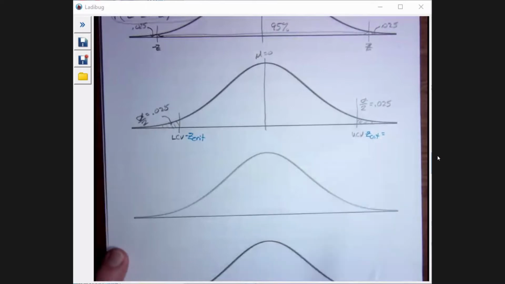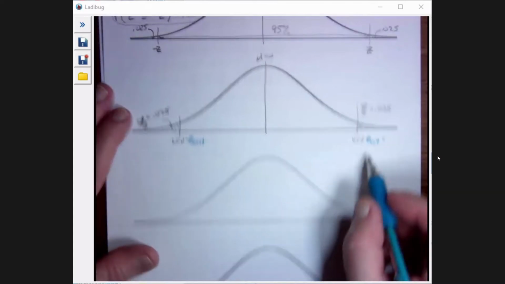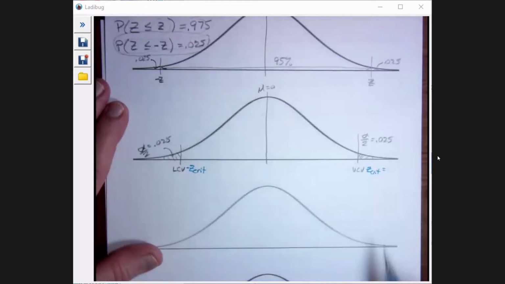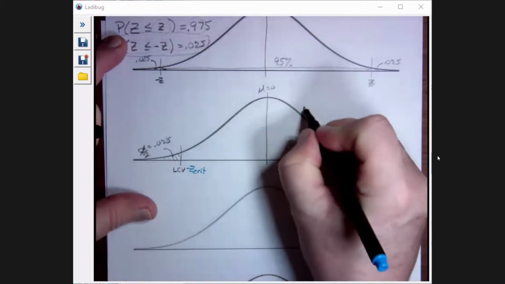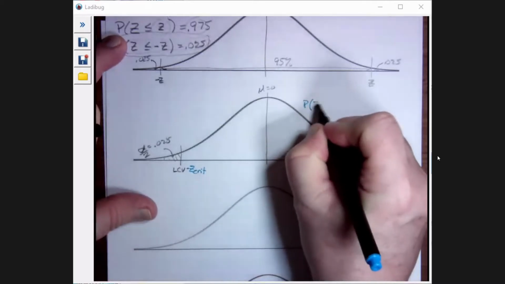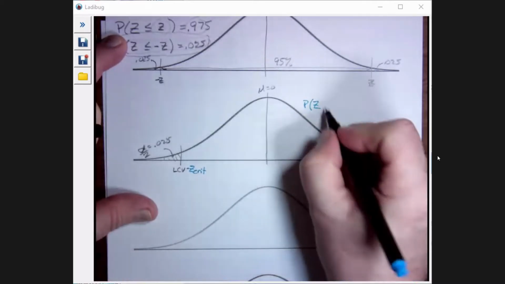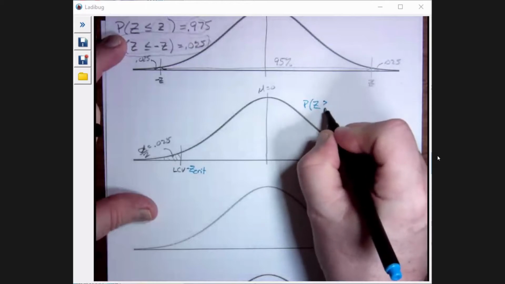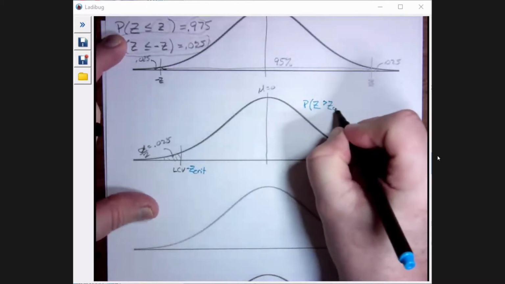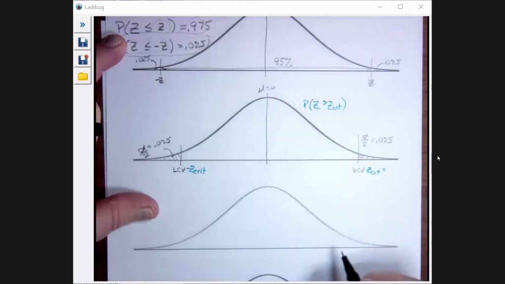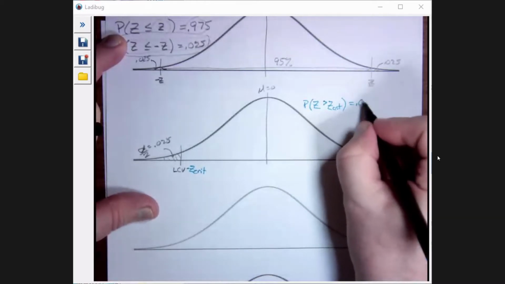So how would I do this? In standard normal terms, this is saying the probability of getting a z value greater than some value, my critical value, is equal to 0.025.